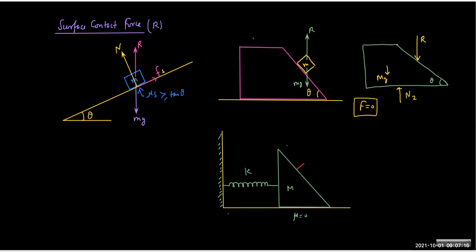Try to understand. Now the compression in the spring is 0. Imagine if I bring a block and keep it here, and the friction coefficient is more than tan theta, as I have mentioned.